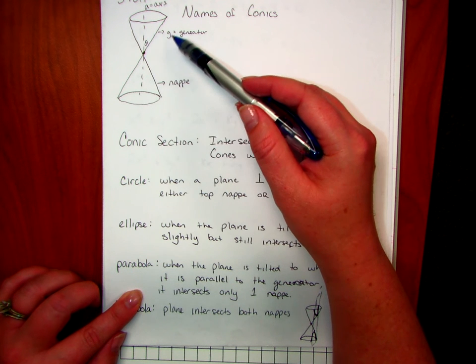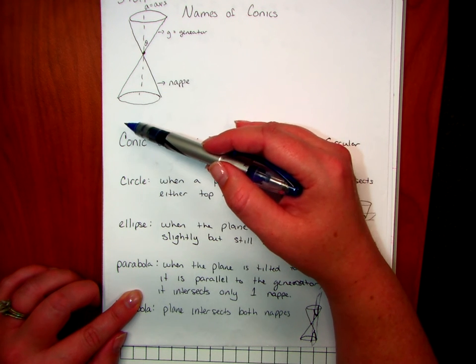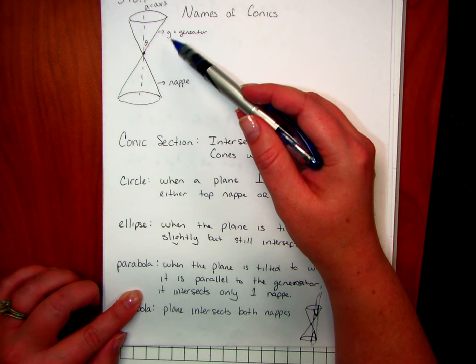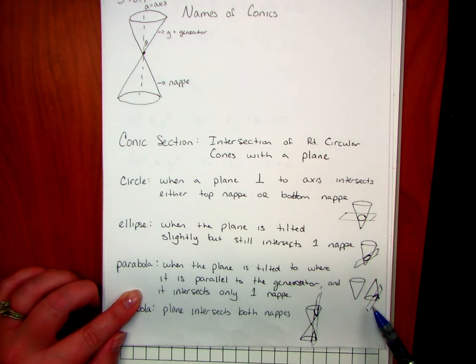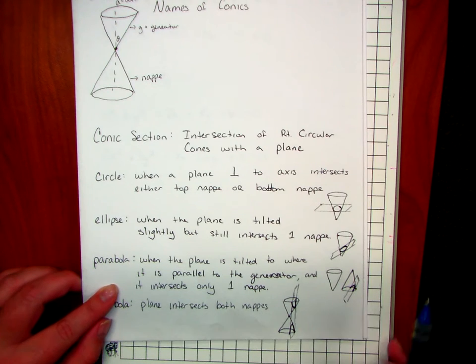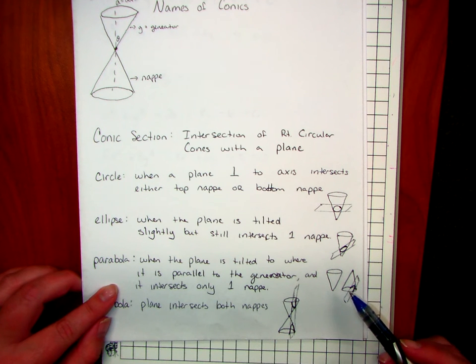Now, since it's parallel to a generator, it's still only going to intersect one nappe, right? And when it intersects that one nappe, it's going to create, if you can see in this diagram here, this one's like an upside down parabola, okay? It's going to create a parabolic shape, right?